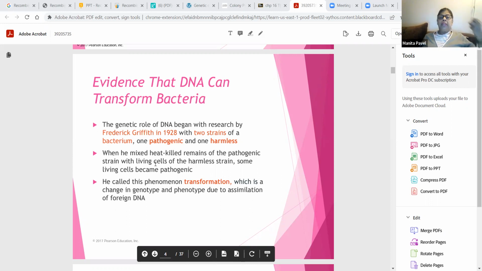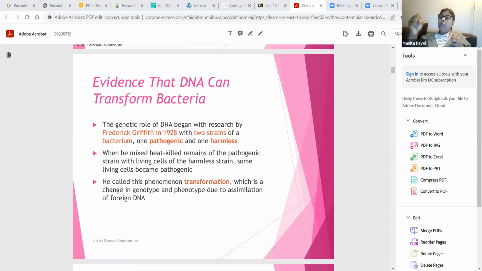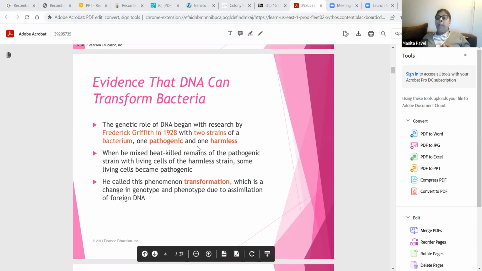So when he mixed heat-killed remains of the pathogenic strain with living cells of the non-pathogenic or the harmless strain, some of the living cells became pathogenic. Some of the living cells caused the infection. So he called this phenomenon transformation, and we are going to be looking at transformation in the lab this Saturday.